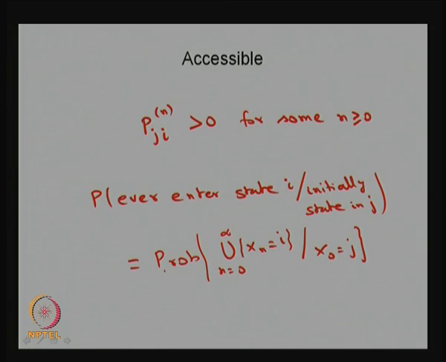That is nothing but the probability of the union of all the events corresponding to X n taking the value i, given that it was in the state j initially. That is, the probability of the union over n of X n equal to i, given that X naught is equal to j.